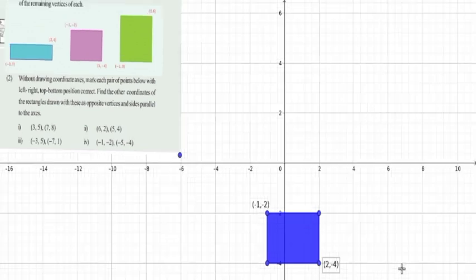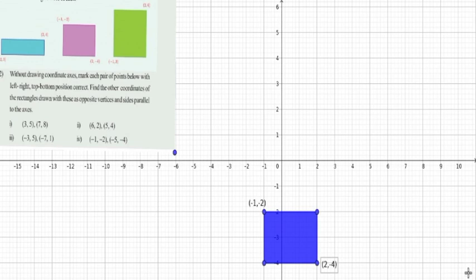Now let us find the other two vertices of this rectangle. See, this line is parallel to the x-axis, so the y coordinates are the same. The y coordinate of this point is -4, so here also the y coordinate is -4.